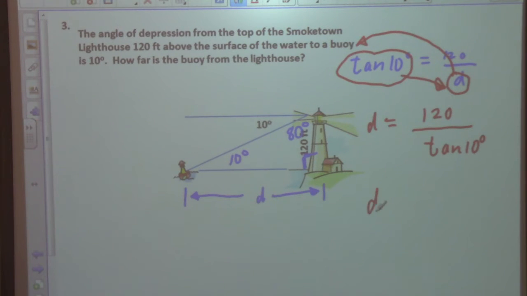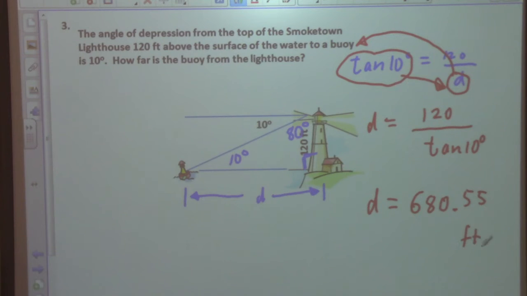So then you can put that in your calculator. Carmen, you have that? 680.55. Is that going to be feet? Yeah.